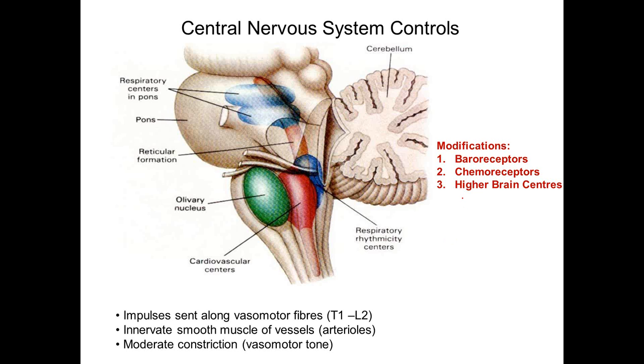Now, all of these things work by sending nerve impulses along spinal nerves T1 to L2. Remember that? Thoracic to lumbar regions. All of those spinal nerves have nerve fibers that go out and attach to blood vessels.